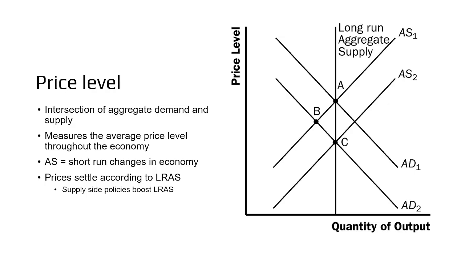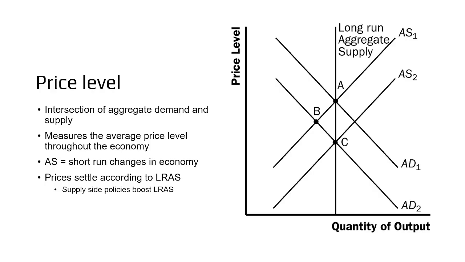They all boost the long-run aggregate supply of the economy, because the capacity of the economy to grow has grown. It is easier to expand as a business if it is cheaper to transport goods around the country. It means you can sell more goods to a wider audience, and therefore, as a company, you will have more money to expand. So that's what we mean by the long-run and the short-run aggregate supply.